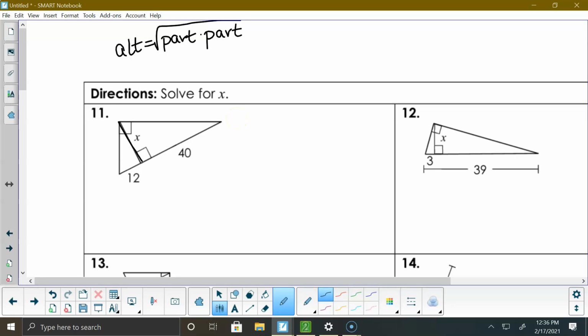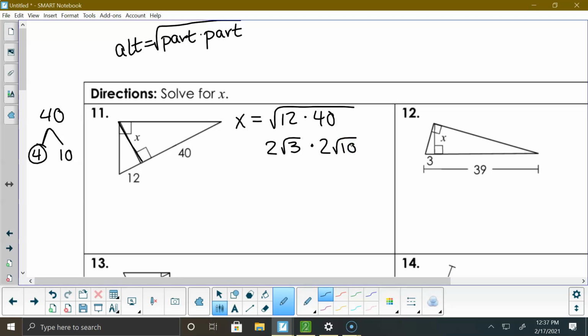All right, so for number 11, what's my altitude? X. So x equals the square root of 12 times 40. Do you guys like my little method of just breaking down the little ones and then combining it? So we already did 12, and that's 2 root 3. 40 is a 4 and a 10.